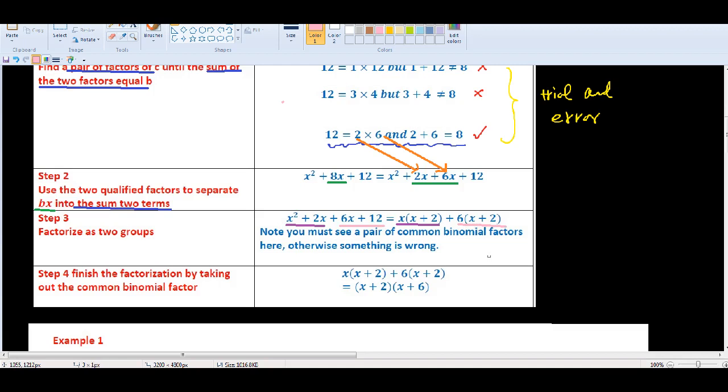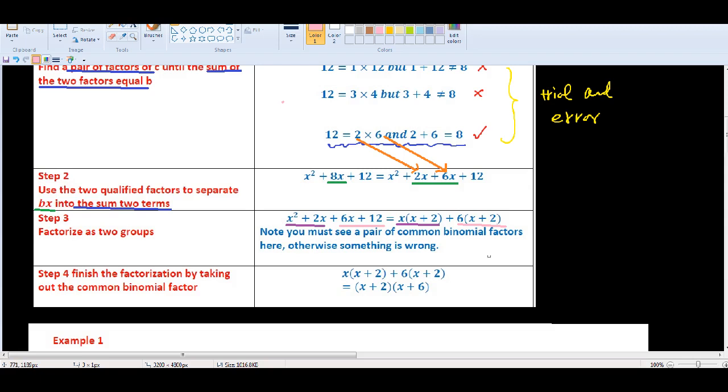So you see, after you got both pairs factorized by certain common factors, then you will see a pair of common binomial factors. Do we see a pair of binomial factors? Yes, that's bracket x plus 2.